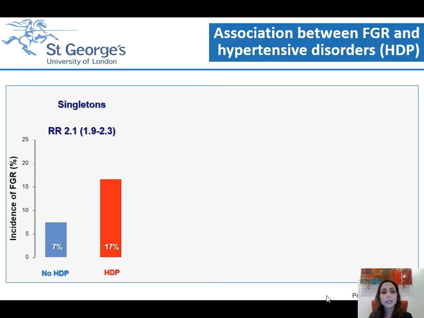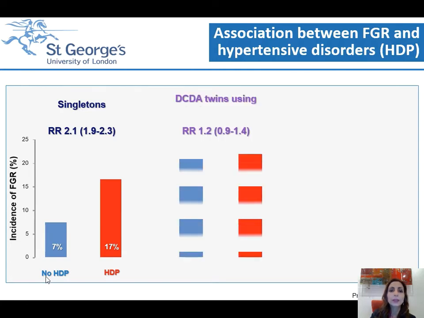When they looked at the risk of fetal growth restriction in singleton pregnancies complicated by hypertensive disorders of pregnancy compared to those who did not have hypertension, the risk was twice. So those who have hypertension in pregnancy have twice the risk of having fetal growth restriction compared to if you don't have hypertension or preeclampsia.